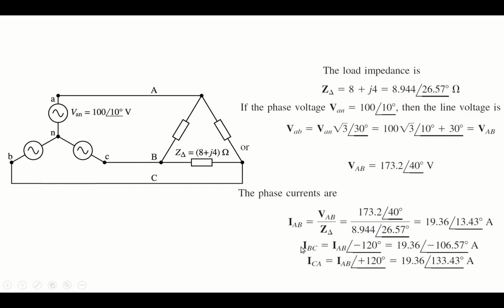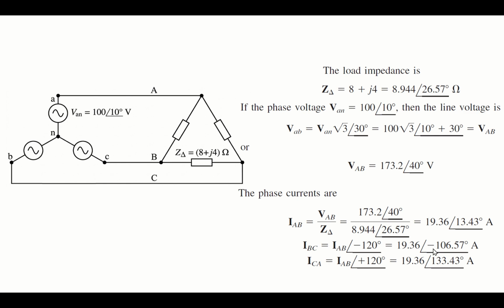Similarly, IBC will have the same magnitude, but the phase will be shifted by an angle of 120, shifted from 13.43, which gives us minus 106.57, that is, minus 120. And again, similarly, we have a further minus 120 shift from minus 106. So we can write this as minus 106 minus 120 in place of this value, or we can write plus 120 with respect to this value.